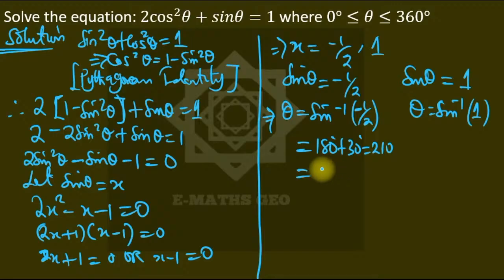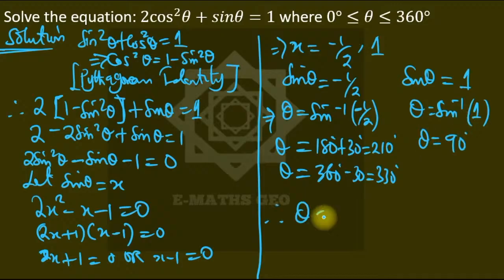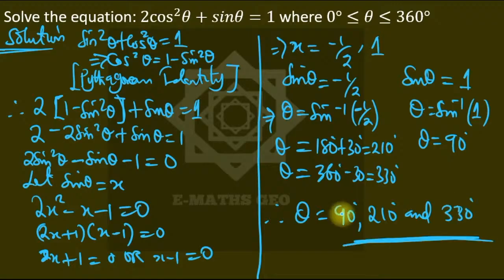And in the fourth quadrant, it is 360 minus 30, which is 330. So theta here gave us two answers, 210 and 330. Then here it is 90. Therefore, the answers are 90, 210, and 330. So these are the answers.